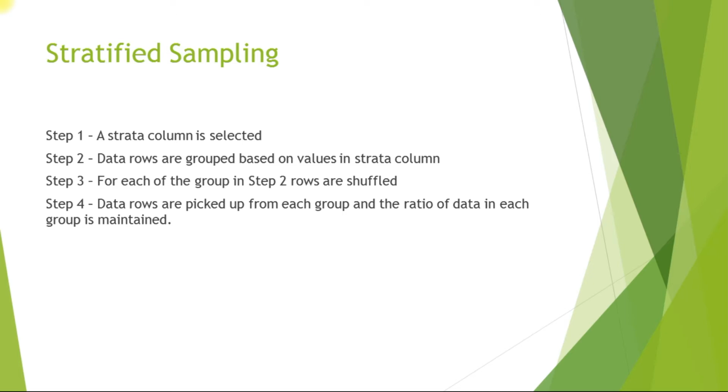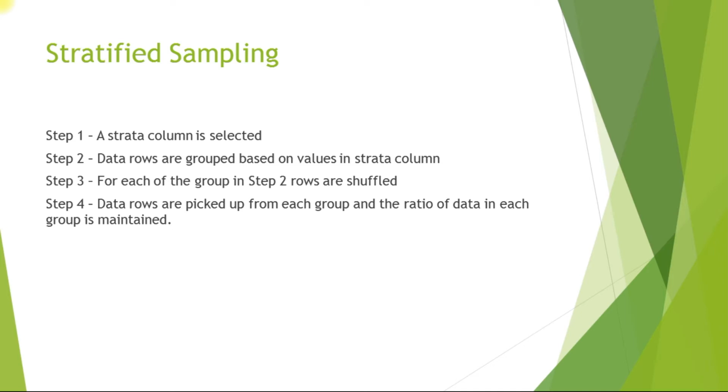In the next step, data rows are grouped based on the values in the strata column. Then in step 3, the rows are shuffled. In step 4, data rows are picked from each group in such a way that the ratio of data present in each group is maintained.